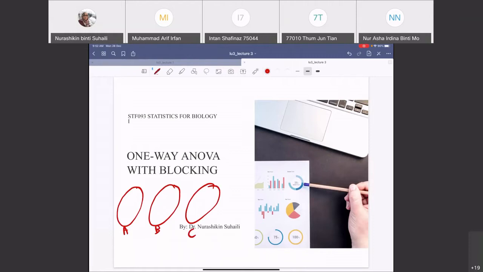Let's say I am analyzing the height of students, an easy example, the height of students in faculty A, B, and C. Before, let's say we have a sample from faculty A, and the sample size is 20.